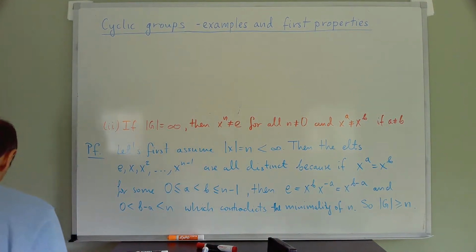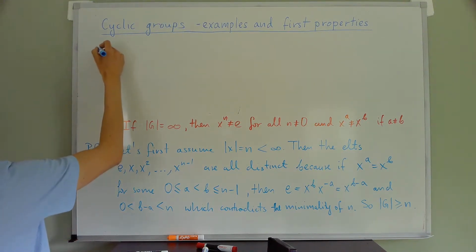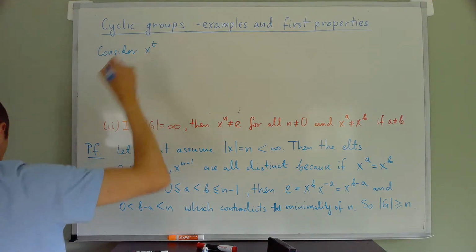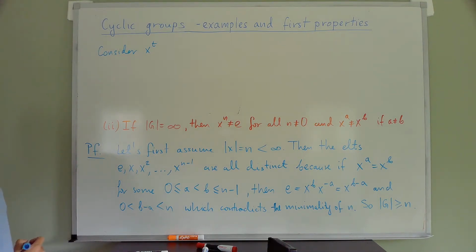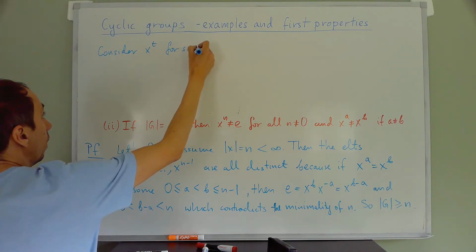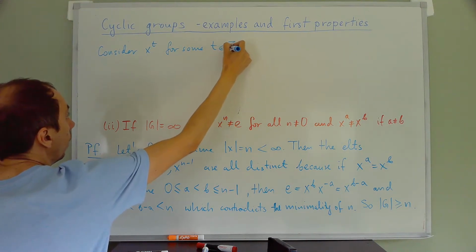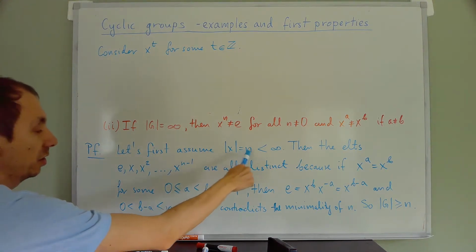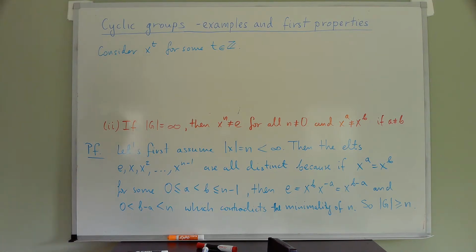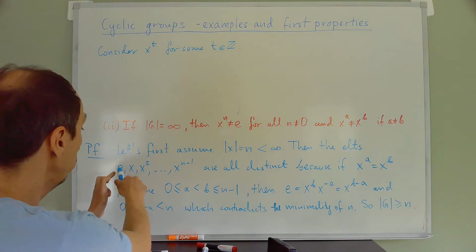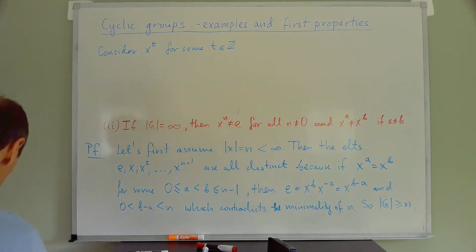Okay, let's continue with this proof. Now consider x to the t for some t in Z. So I'm taking this x, still working under this assumption, and raising it to some arbitrary power in Z, not just one of those between 0 and n minus 1.